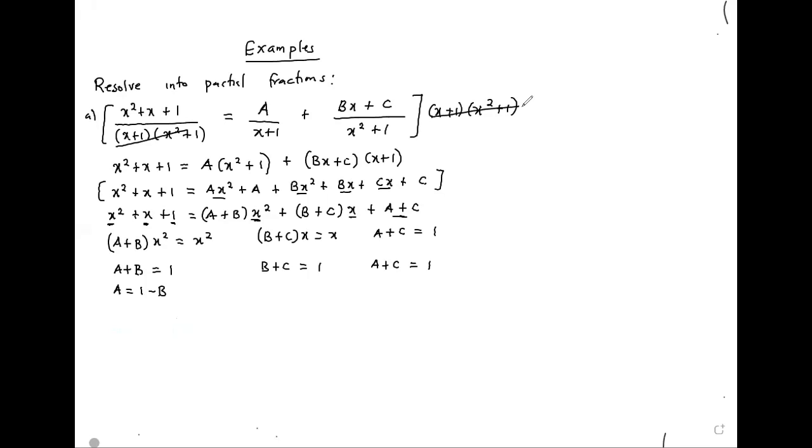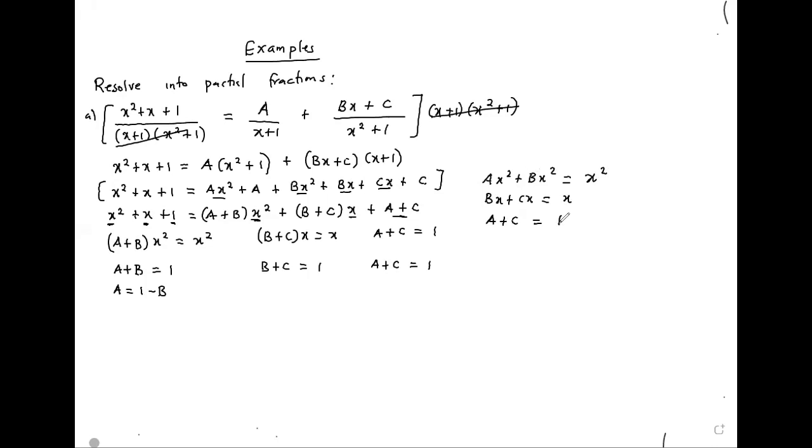So from this step, we'll say ax squared plus bx squared should then be equal to x squared itself. So we'll have bx plus cx to be equal to x itself. We'll have the constant a plus c to be equal to 1.